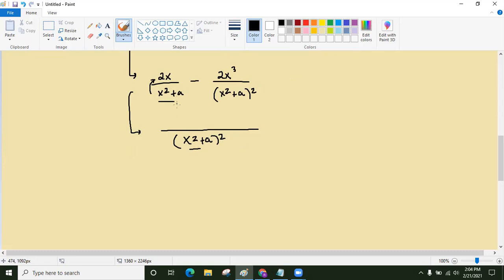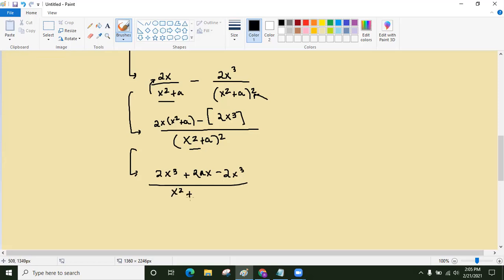So it's actually missing an x squared plus a, so we essentially multiply 2x by x squared plus a, and we subtract from 2x to the third, seeing as this denominator is complete, and we get 2x to the third plus 2ax minus 2x to the third all over x squared plus a squared.